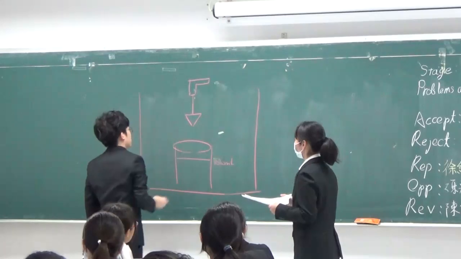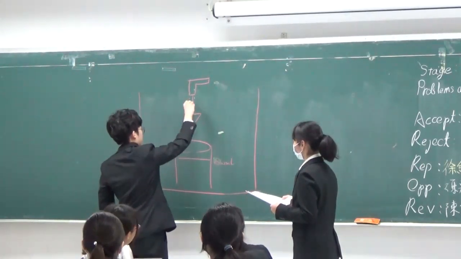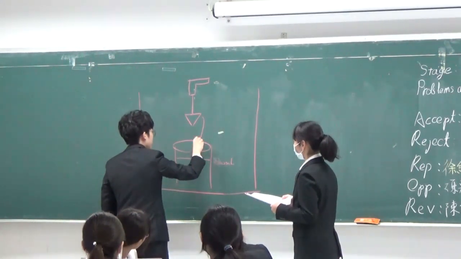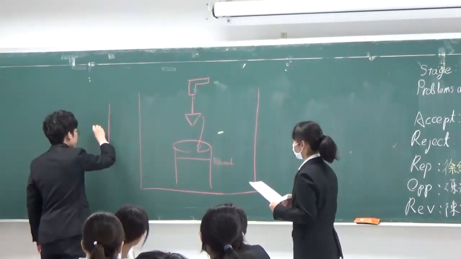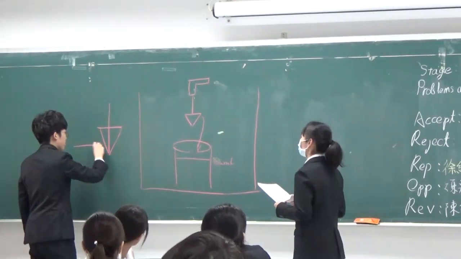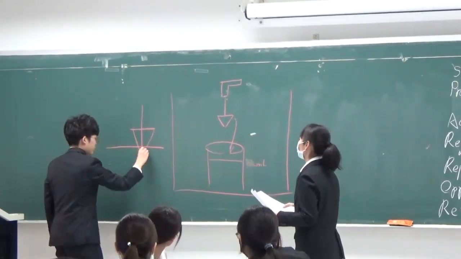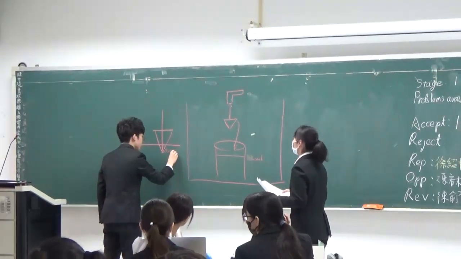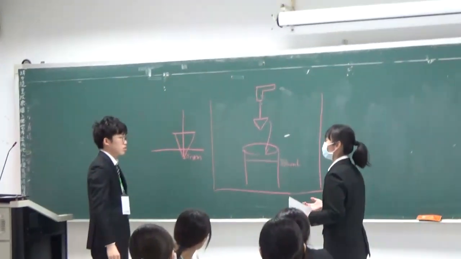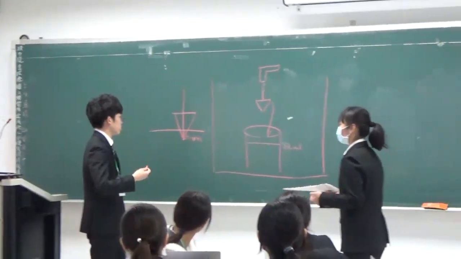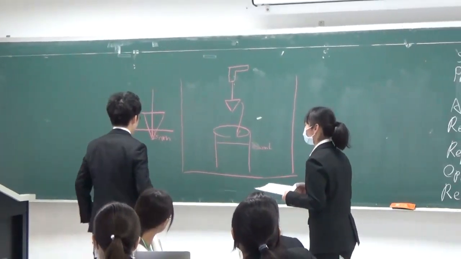Then we dip the straw pump into the water, and we specifically want the straw pump to dip under the surface by 8 millimeters. Yeah, because we want to control it.